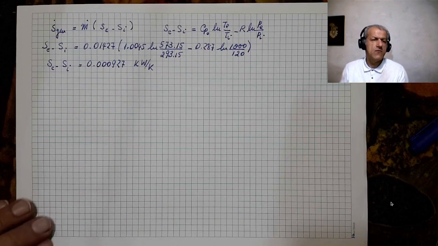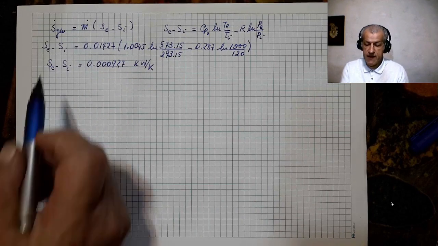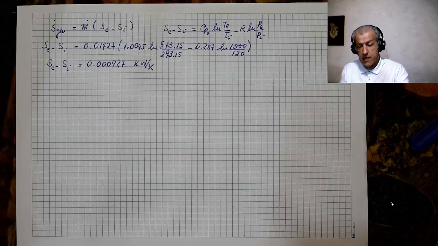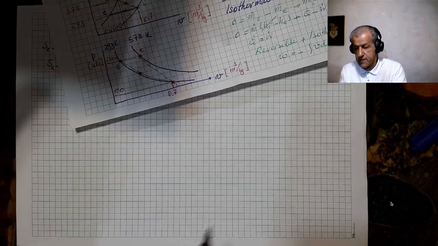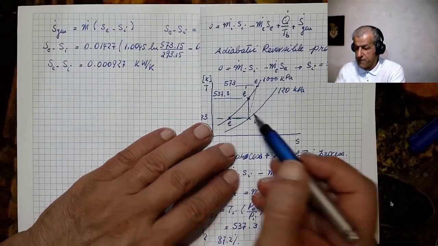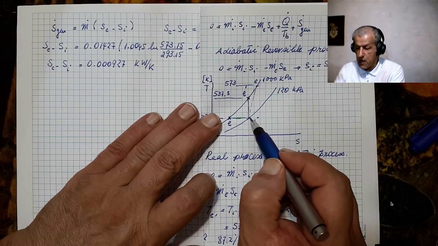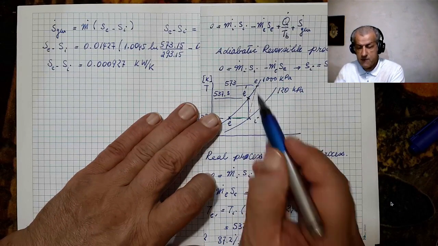That's the value for the S gen. That's the value for S gen in this compressor. You see, this is our compressor. What we have done is we have calculated the difference between I and E, different entropies.